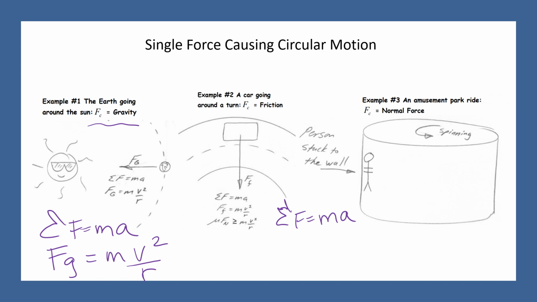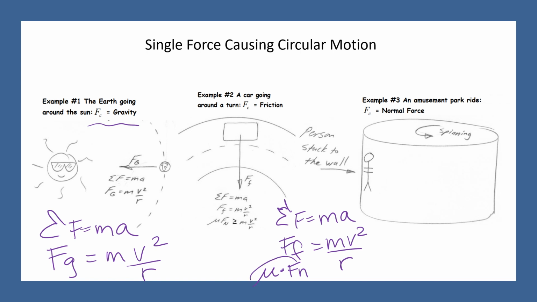Then again, because I've told you that the centripetal force is friction, I'm just going to say, all right, so the force of friction is my net force. And I know that my force of friction is going to be equal to my centripetal force, so there you go. And then I can go even further and plug in what I know from my force of friction. My force of friction is just mu times my normal force, right?